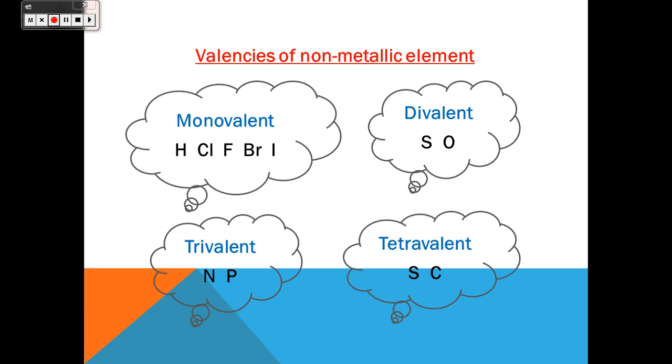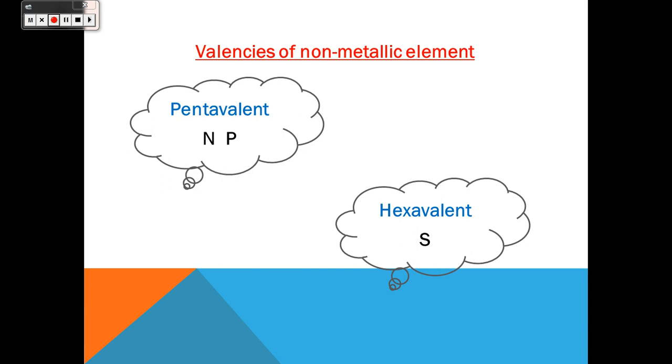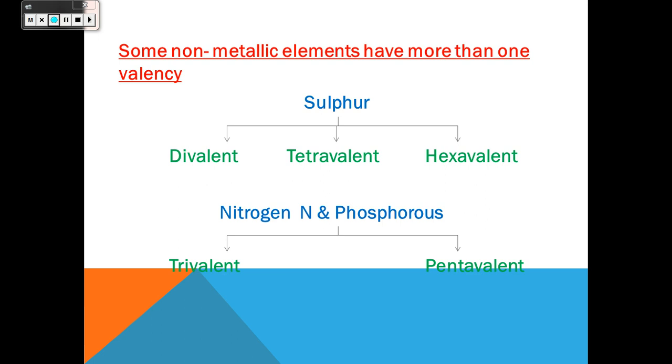And tetravalent in sulfur and carbon. And pentavalent like nitrogen and phosphorus, and hexavalent in sulfur. Also a non-metal can have more than one valency like sulfur. Sulfur has divalent, tetravalent, and hexavalent, and nitrogen and phosphorus have trivalent and pentavalent.